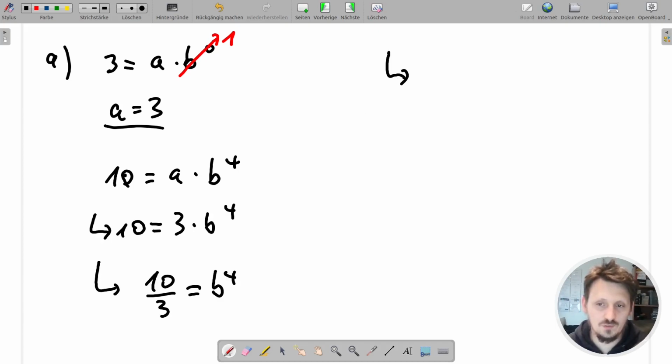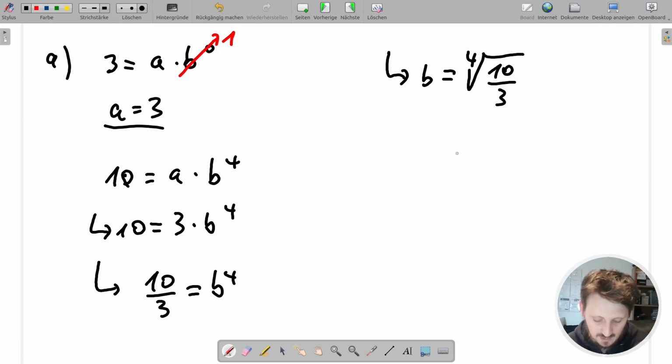And then, of course, we have to take the 4th root, which means b equals the 4th root of 10 divided by 3. And I have calculated this already. Doing this by hand is a little bit problematic. So I have used the calculator, and the result is 1.495.